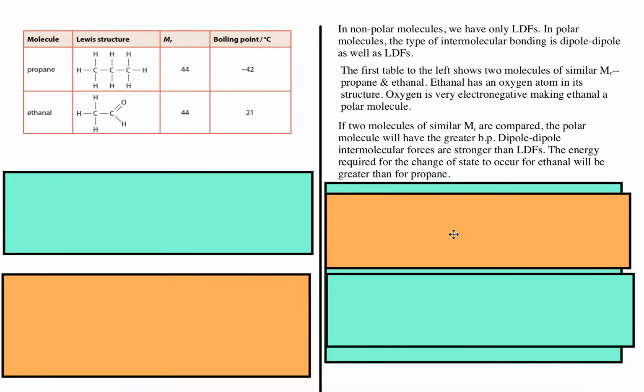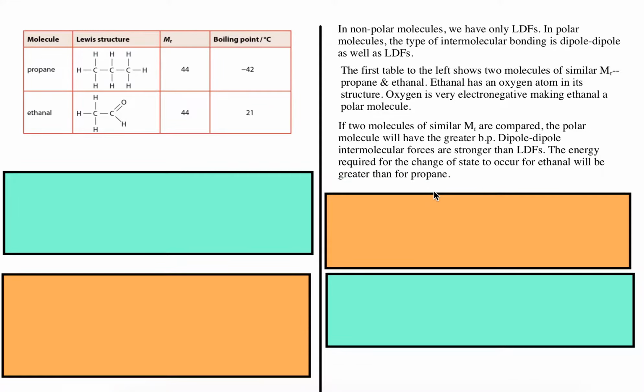The greater the intermolecular force, the greater the energy required for that change of state to occur. And dipole-dipole interactions are a stronger intermolecular bond than London dispersion forces, which are the weakest.